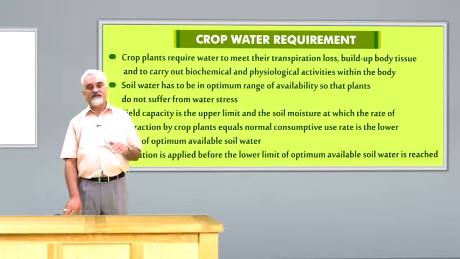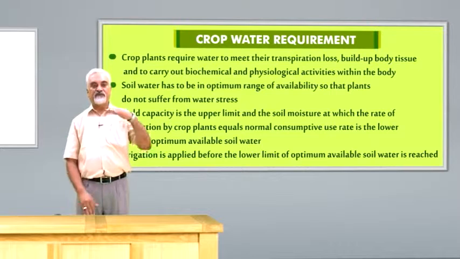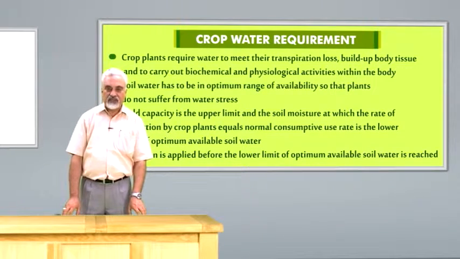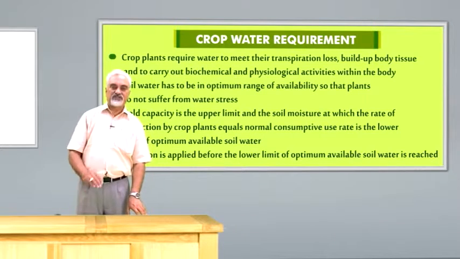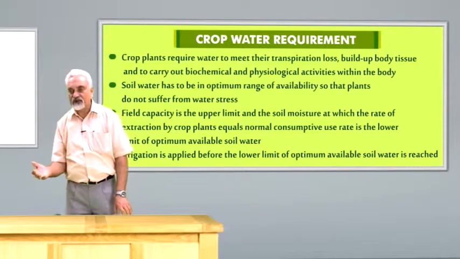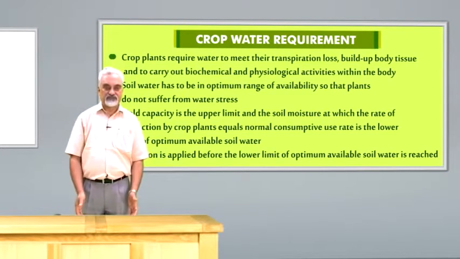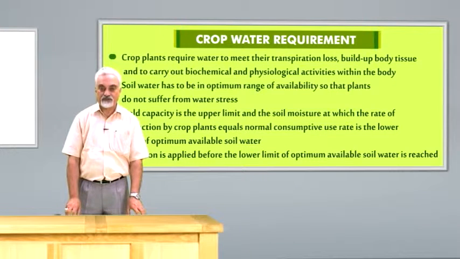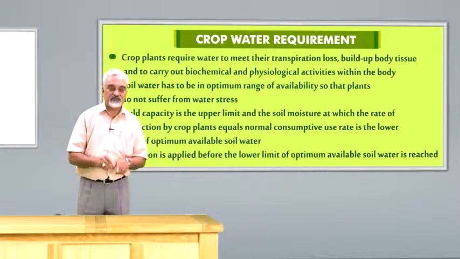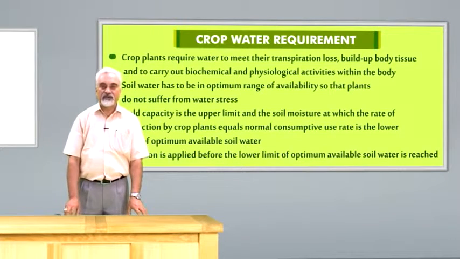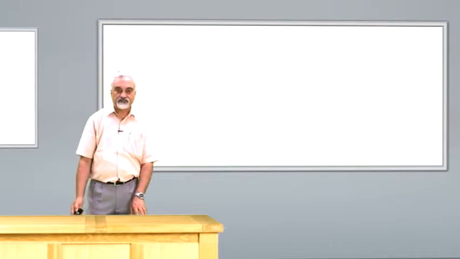Now, normally the field capacity is considered to be the upper limit of this optimum available water level, and the lower level is the moisture content at which the rate of extraction of water by the crop plants from the soil just equals or starts falling short of the rate of consumptive use of water by the crops, and irrigation must be applied before the lower limit of the optimum available water range is reached.